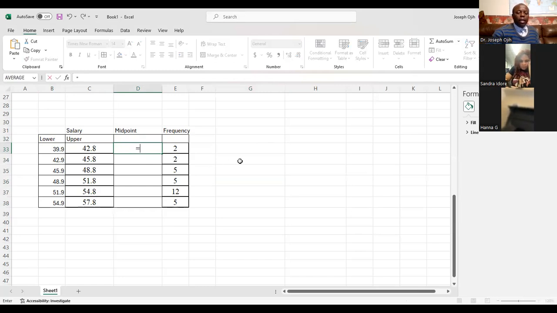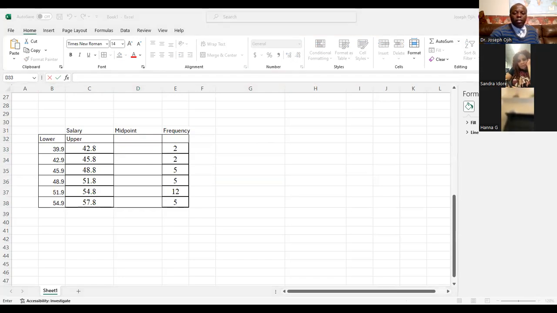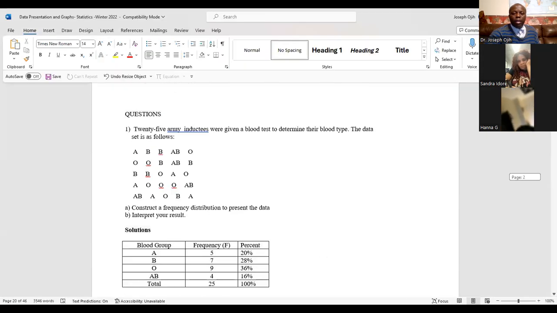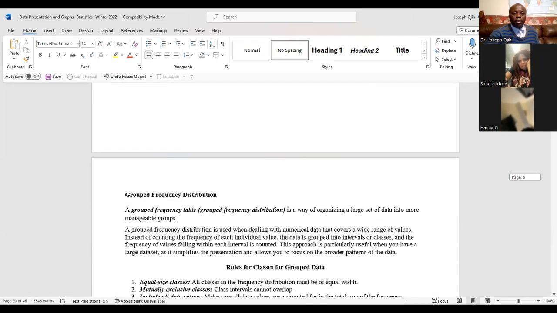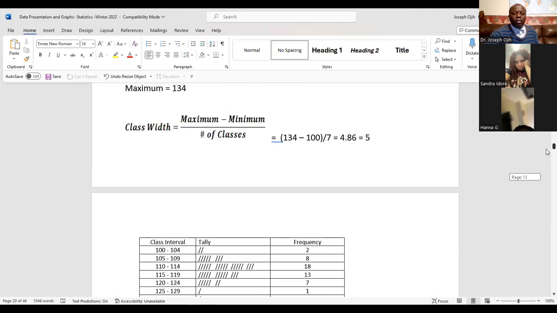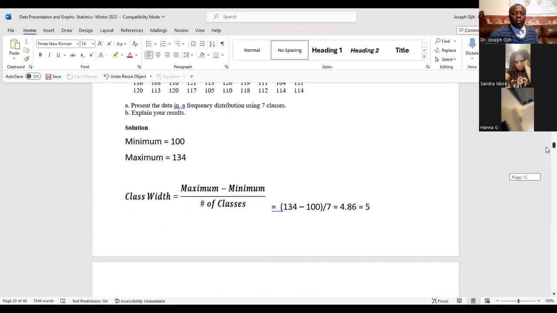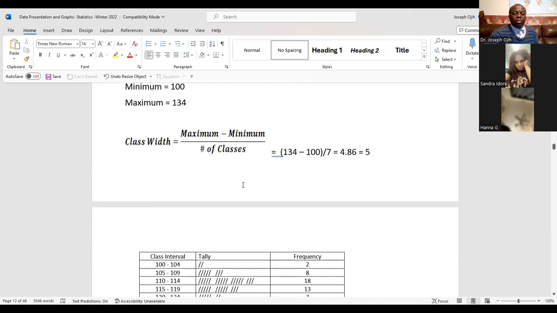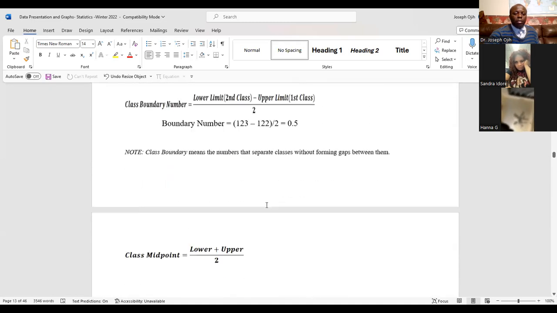Then you click. Let me paste the formula for midpoint here so you can see exactly what I'm doing. I pasted this somewhere yesterday when we were doing the other type. Yep, right here. Oh, sorry, this is class width.